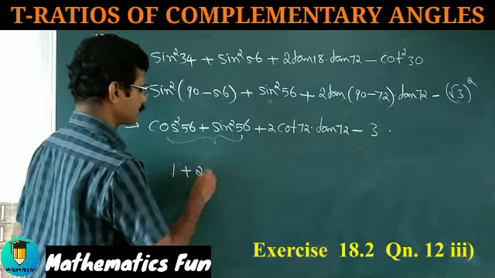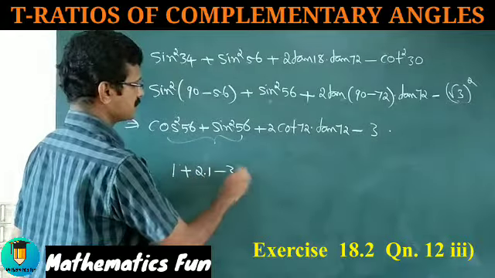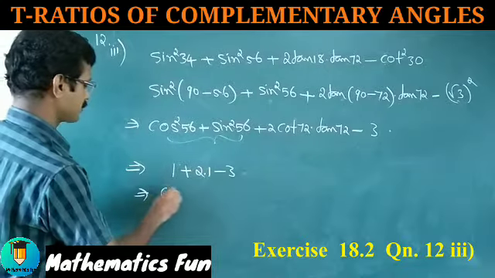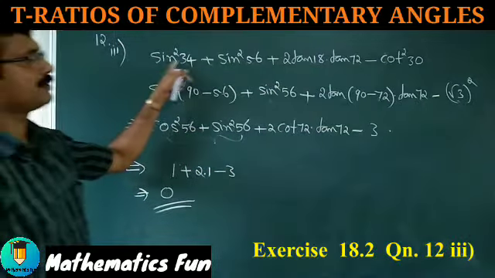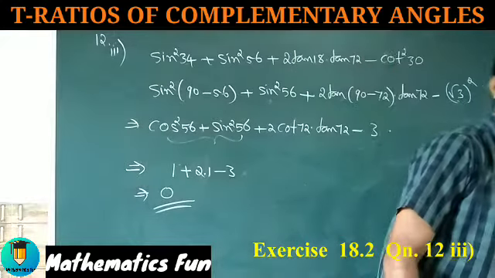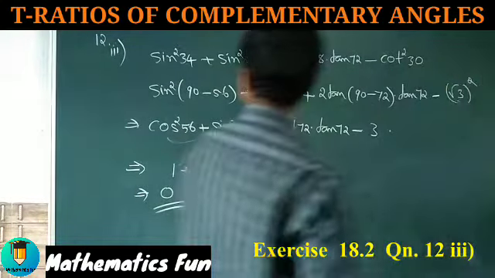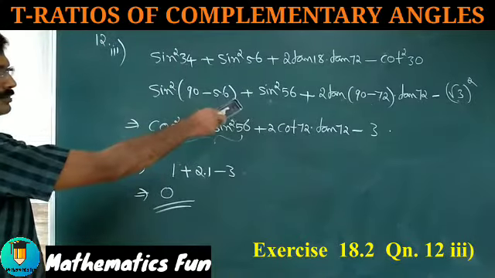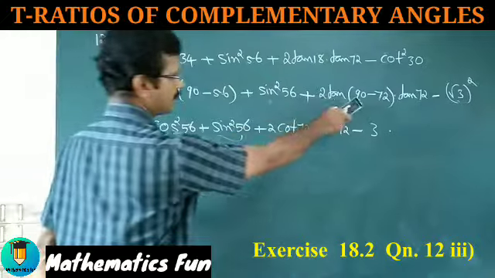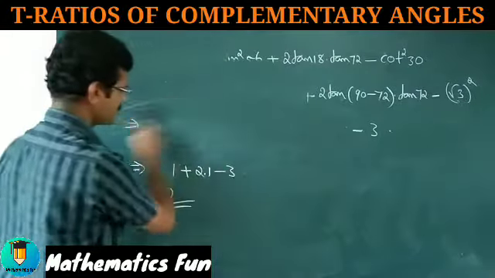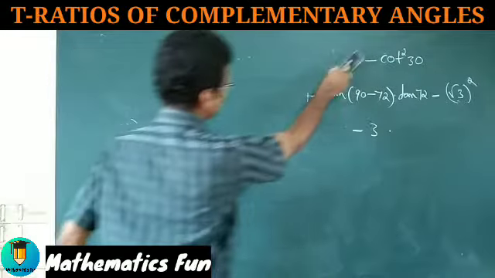So ultimately it will be 2 into 1 minus 3, which is 3 minus 3, it is 0. Therefore the value of this expression is 0. This is question number 12, third part. An identity came in between, then I went for the reciprocal ratio also, and one place a standard angle also came.